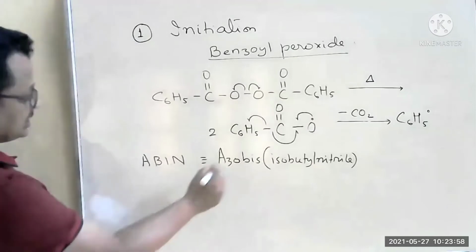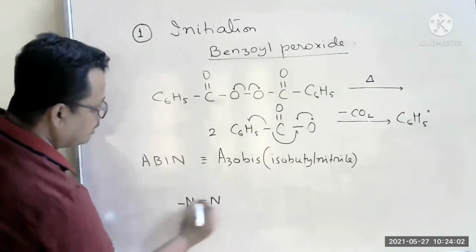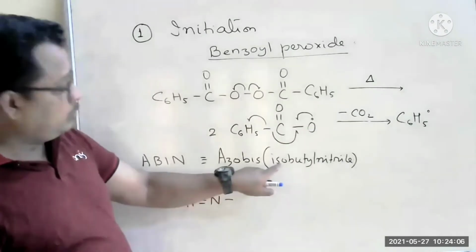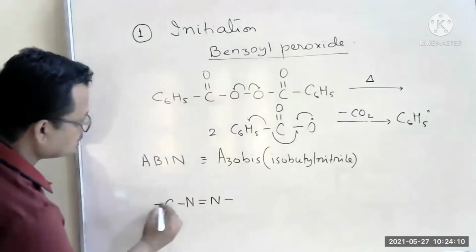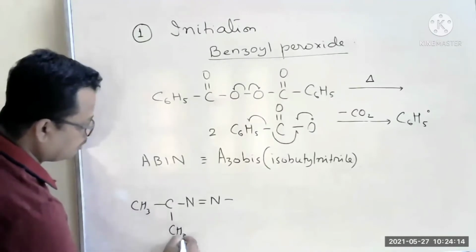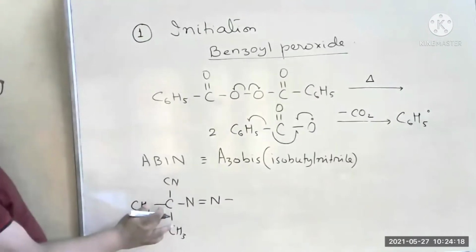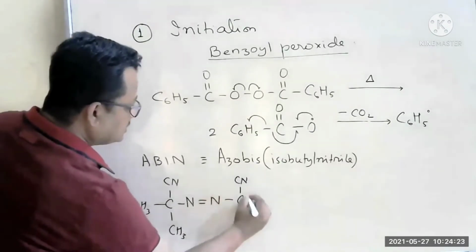Now what is azobisisobutyronitrile? This is the azo group, as you already know. Azo bis means there are two units of isobutyronitrile. Isobutyl has a CH3 group, butyl means 4 carbon atoms, and there is a nitrile group. This is isobutyronitrile, so there will be two similar groups on both sides.